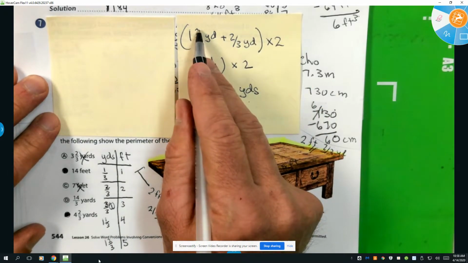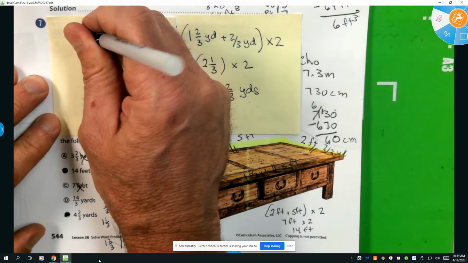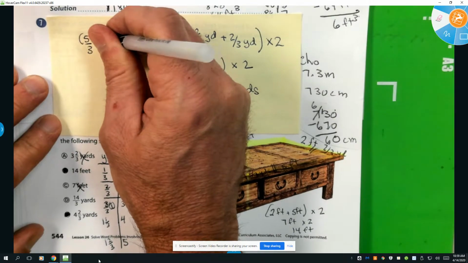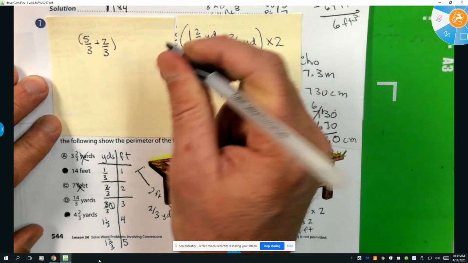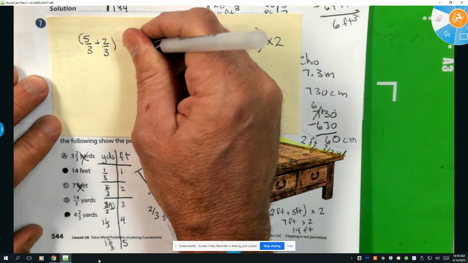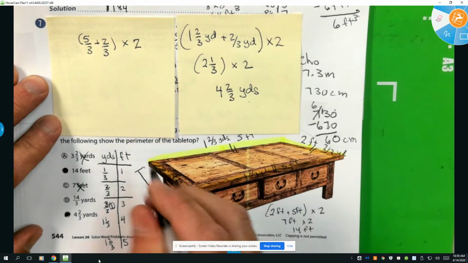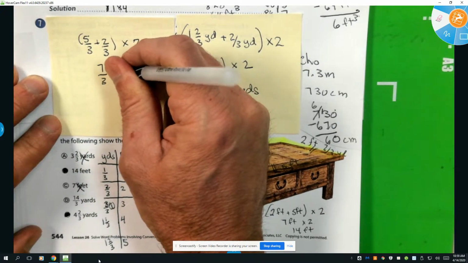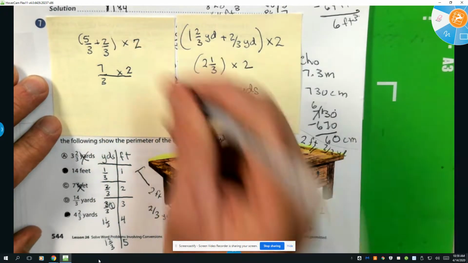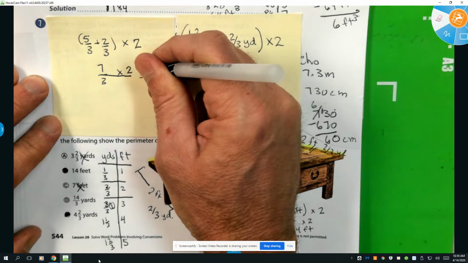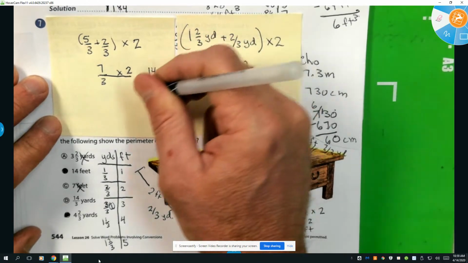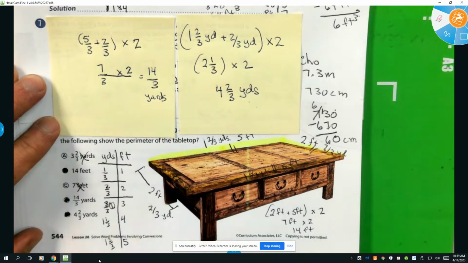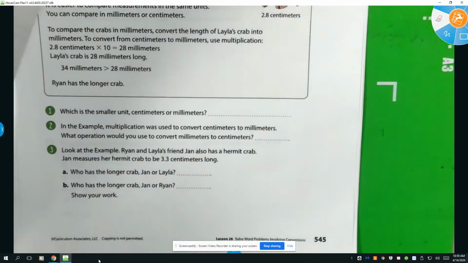I know that 1 2/3 is the same as 5/3, plus 2/3, and then I'm going to multiply that by 2. So 5/3 and 2/3 is 7/3, times 2, is 14/3 yards. Okay, moving on.